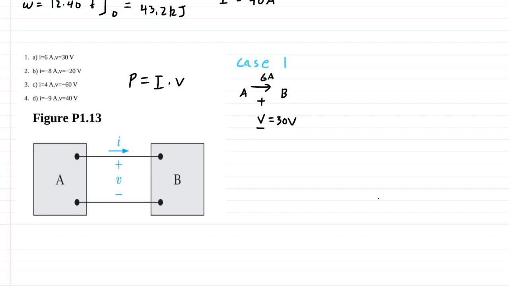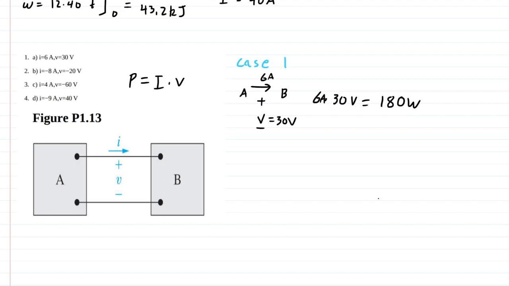Resistance is a complicated topic because it's not always the same. It can vary with temperature, device, frequency, all sorts of stuff. So we're just going to use P equals I times V for now. 6 amps times 30 volts equals 180 watts.